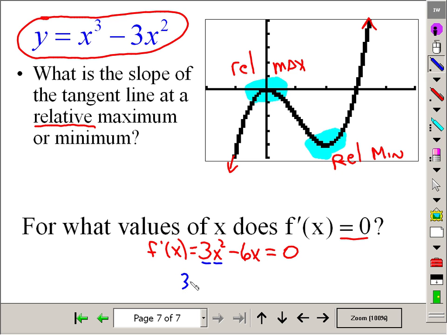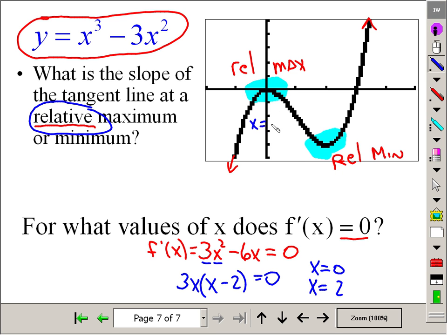These have a common term of 3 and an x, so I can pull that out. 3x times x minus 2 equals 0. So this tells me I have relative points at x equals 0 and x equals 2.